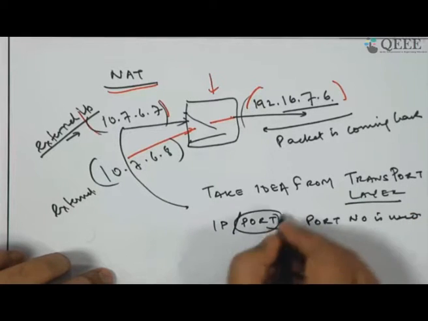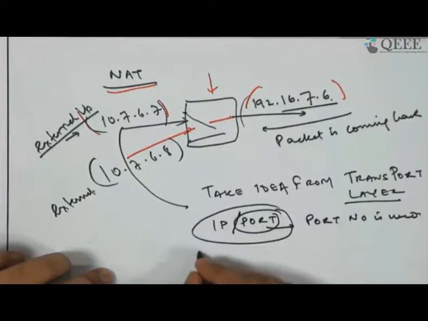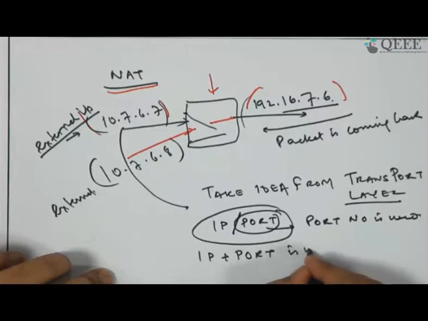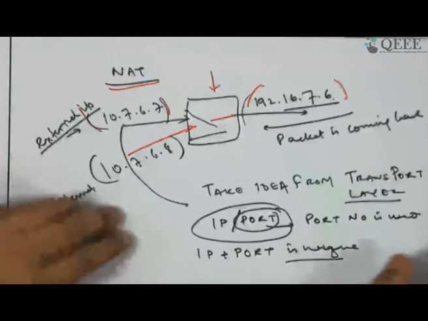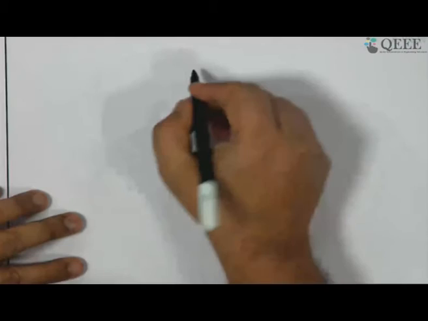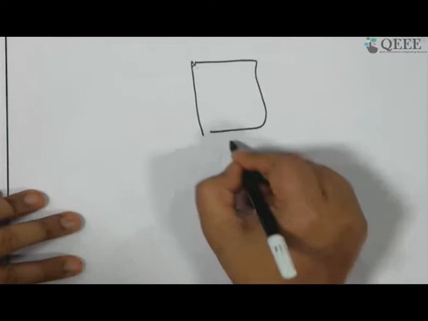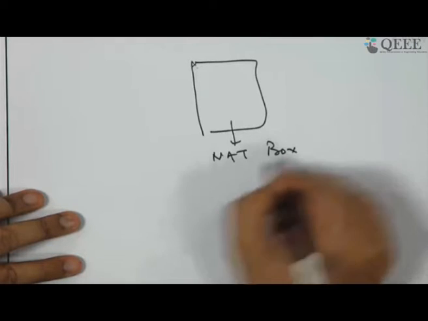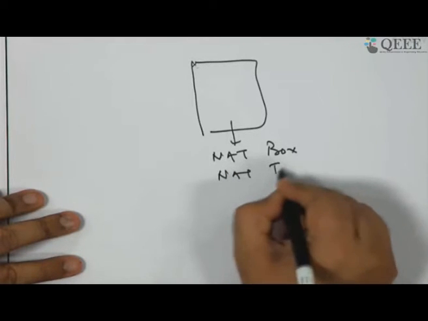If I have an IP and port, IP plus port is unique. So now this is a NAT box, or NAT table.